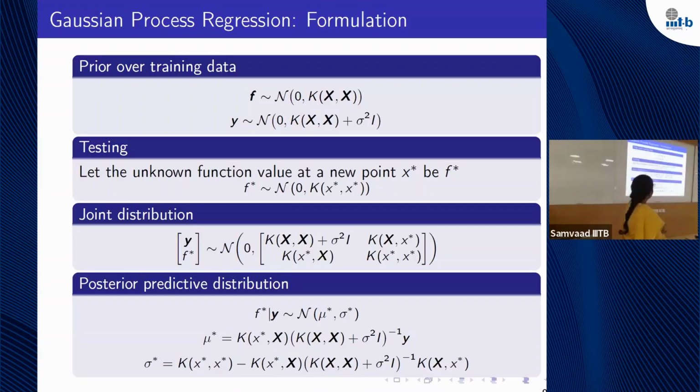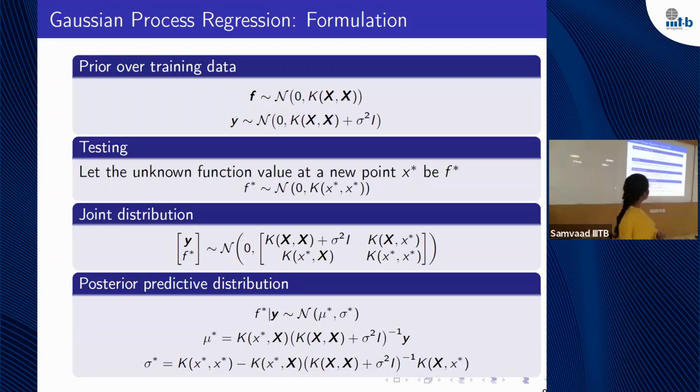Okay, so let's come to the computational part. Here, k of x star comma X is a row vector. This is a matrix, K of X comma X plus sigma square I, and its size is n cross n. If you have n training points, then the size of this is n cross n.